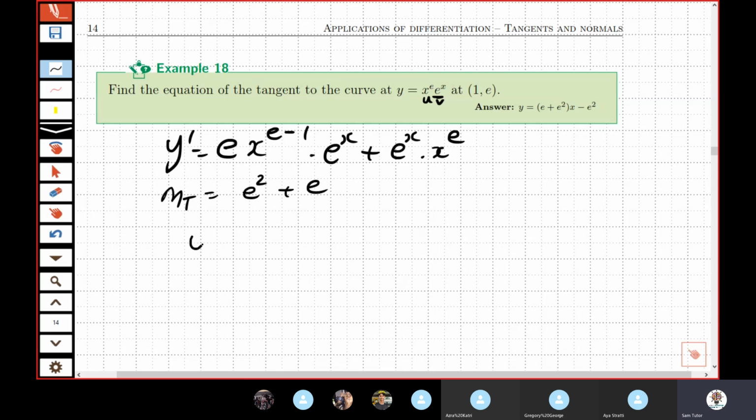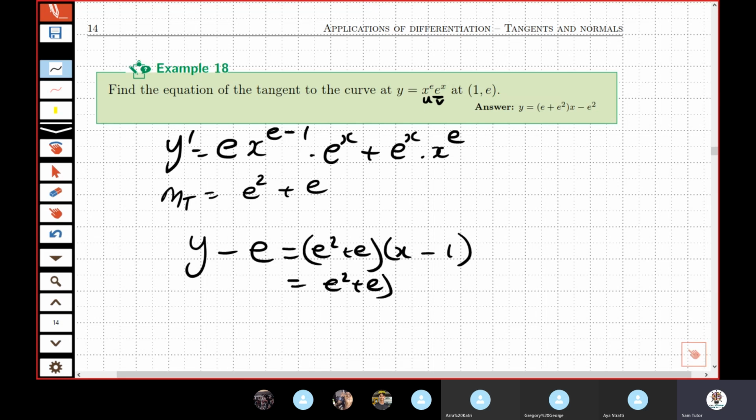And then y minus y1 equals (e squared plus e)(x minus 1). Expand: (e squared plus e) times x minus e squared minus e, and then plus the e over, these two cancel out, and you're left with this.